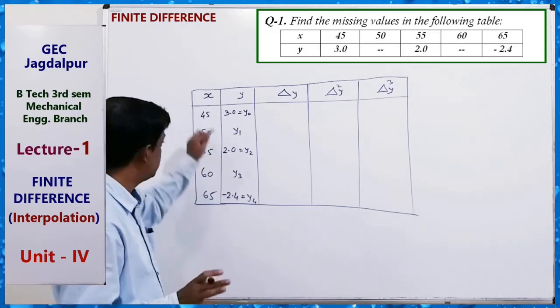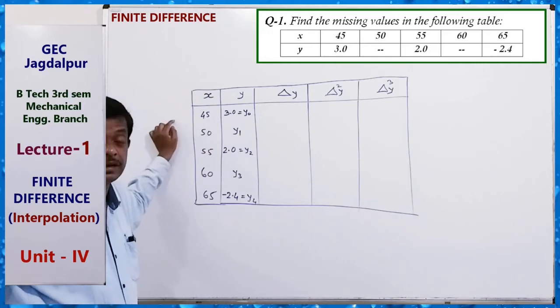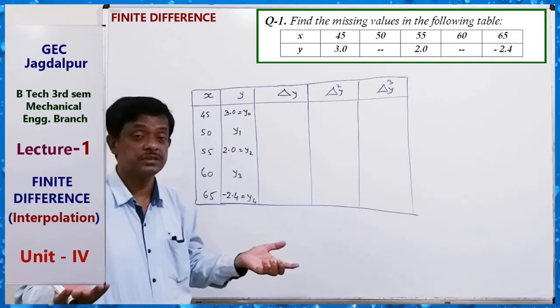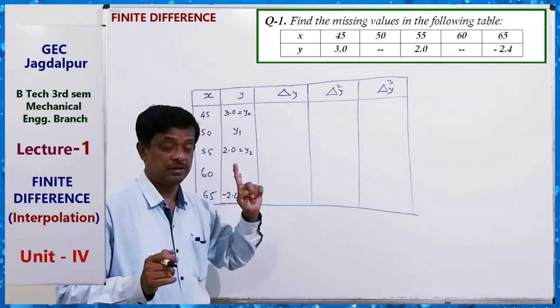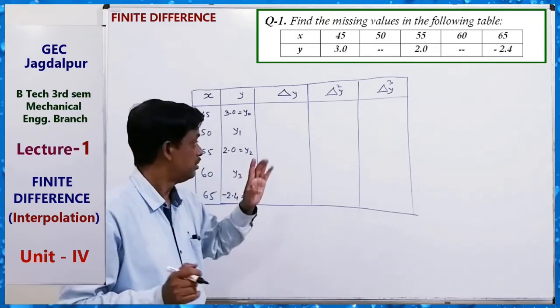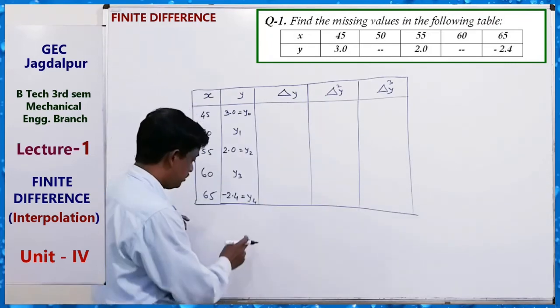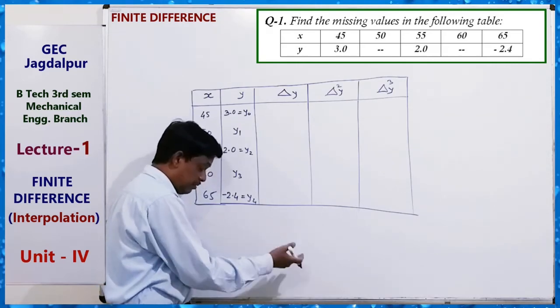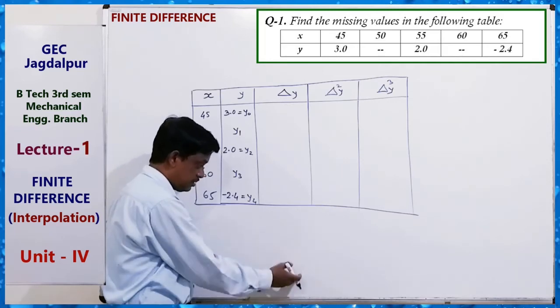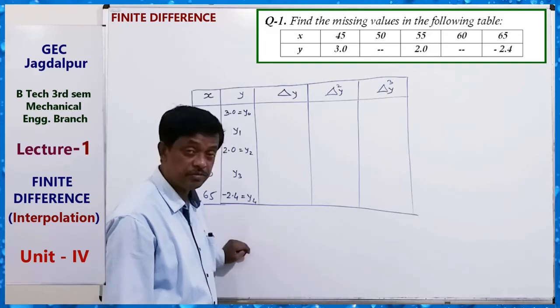Here 3 entries are given, so the second degree polynomial can be supposed, the third differences will be 0 and the second difference will be constant.